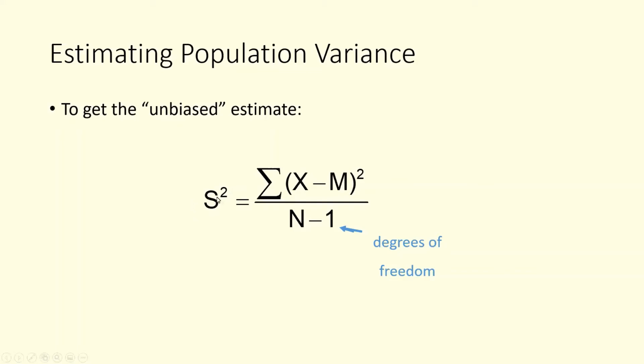Instead of SD, we have just a capital S squared. We know it's squared because we're talking about variance. This capital S is showing us that this is the estimated population variance, and squared is the variance. This is telling us that it's estimated based on our sample. If you look at the top of this formula, it's going to look really the same.